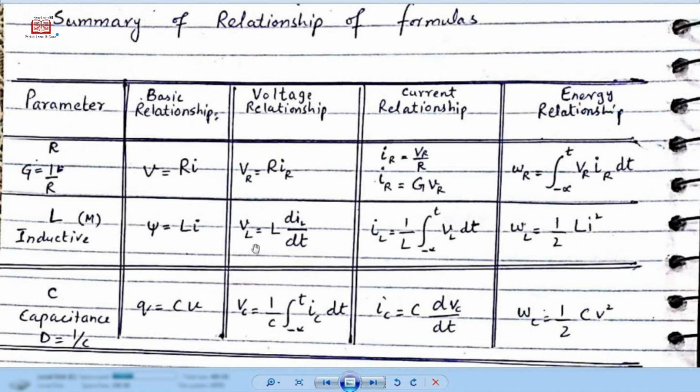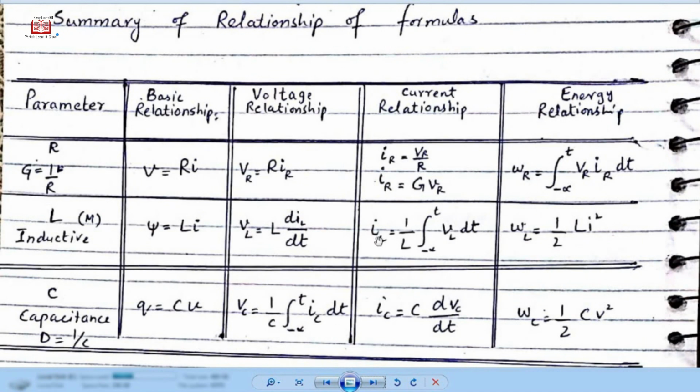Let's suppose V is equal to L di over dt. This is what you memorize, but you forget the term for the current in the exam. Then all you need to do is start from here: V, here I, which means inverse. What is the inverse of the voltage?